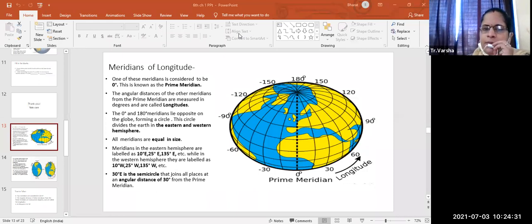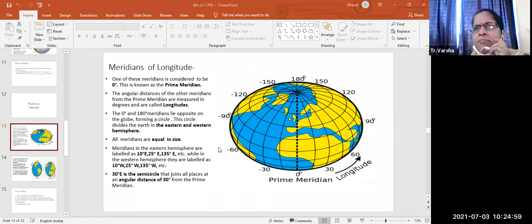That will be divided into the two parts, eastern and western. Already we have seen the northern side and the southern side. Now when we divide it from the center horizontally, it will be the eastern and the western side.